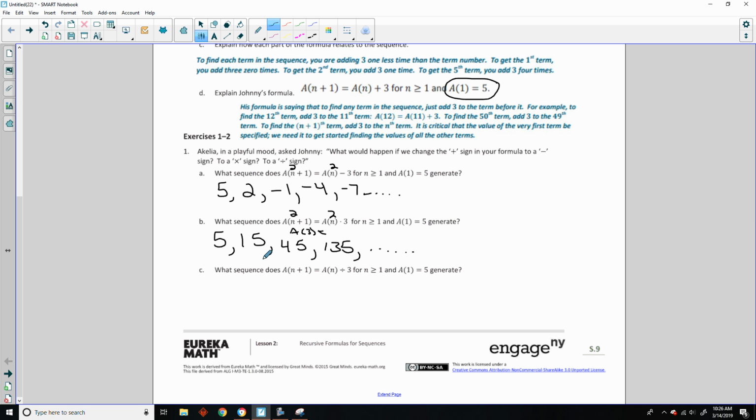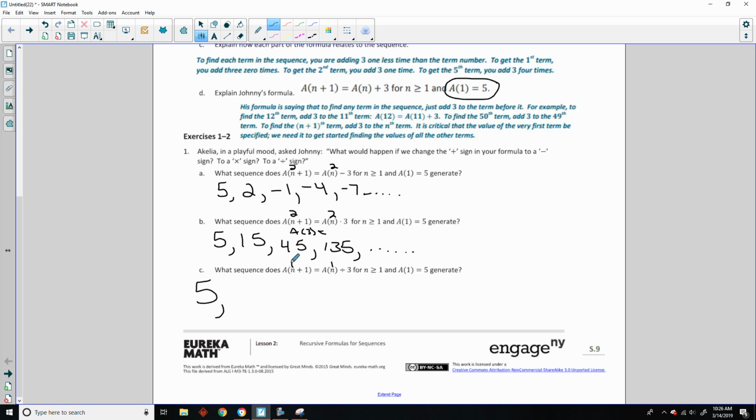Part C says, what sequence does a of n plus 1 equals a of n divided by 3 for n greater than or equal to 1 and a of 1 equals 5 generate? Well, we're given a of 1 is 5. And then to find a of 2, that'd be a of 1 plus 1, which would be a of 1. I'm just making n 1 here.